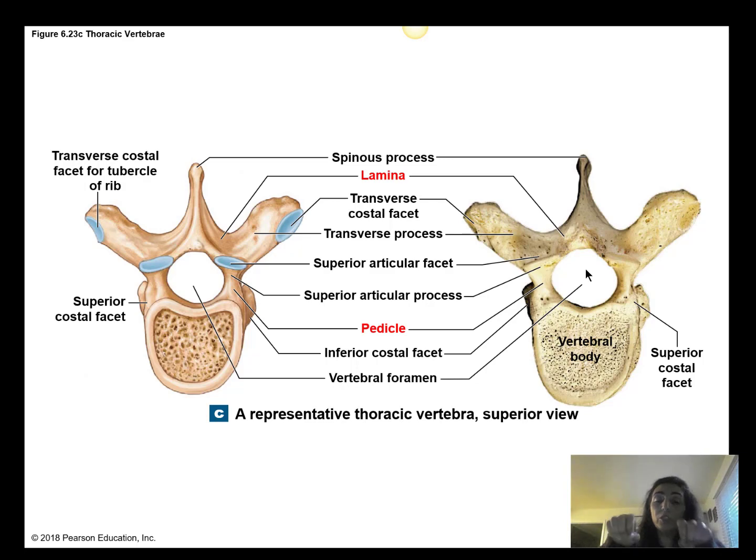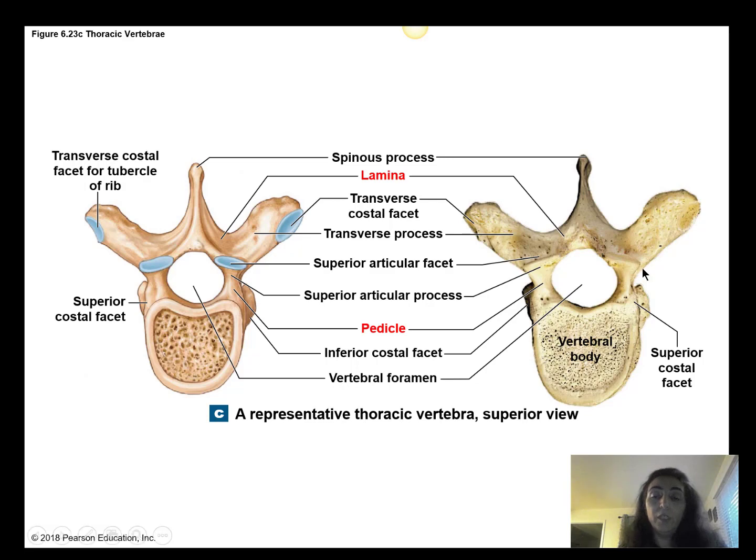So that's a collection of each vertebral foramen, one after another. The whole length of the vertebral column is called the vertebral canal, right? Vertebral foramina make the vertebral canal, and the spinal cord is passing through it.